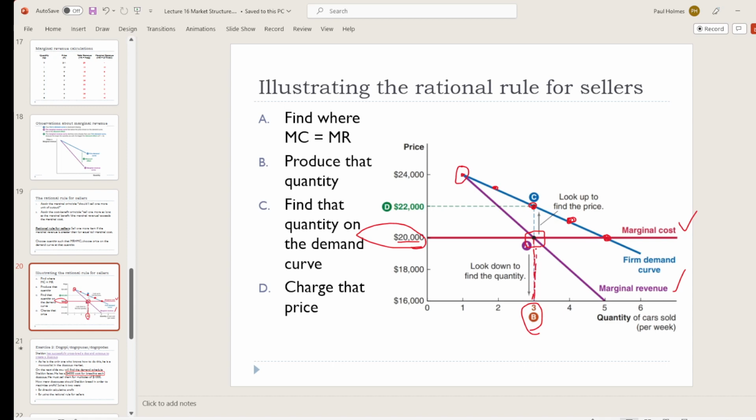We can then look up at that quantity all the way up to the demand curve, and that is going to tell us the price that we would optimally charge in order to maximize our profit, in this case $22,000. We can also get the profit off this graph by realizing that we're making $2,000 profit on each car times 3 cars. So this area in here is the profit that our firm is making each week.